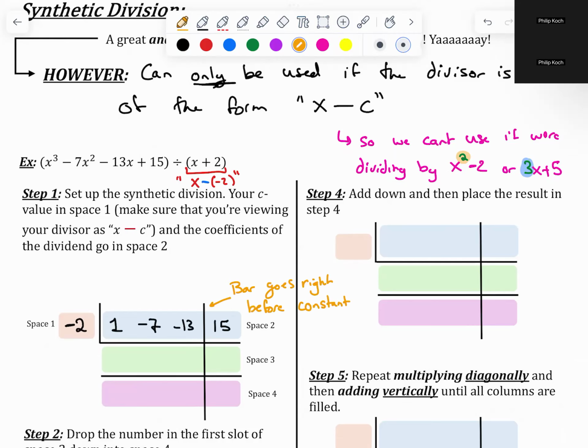I probably should have added this: if there's a missing power of x, add a placeholder, like before.